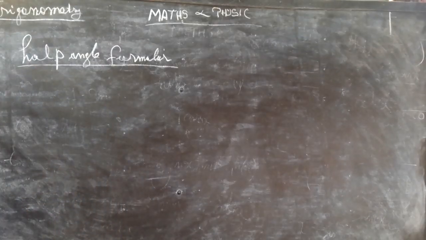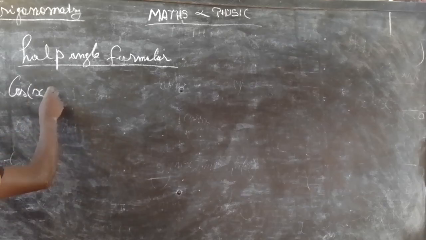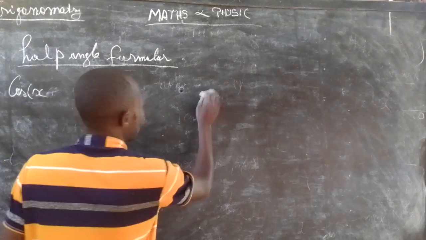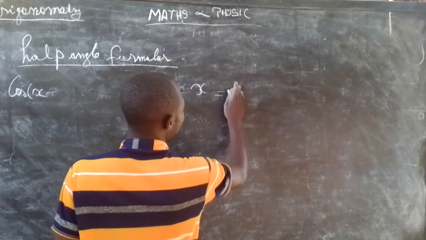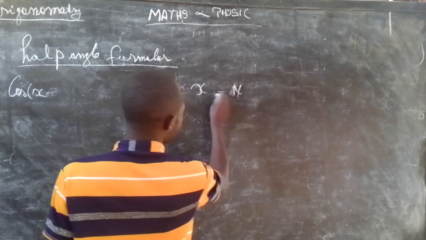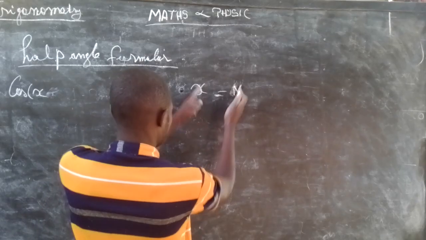How to use a double angle formula from our fundamental equations. So here we may have cosine x. When it's a double, it means that we have this x and also another x. If we have angle x and angle n, and x is equal to n, it means that we have two angles.